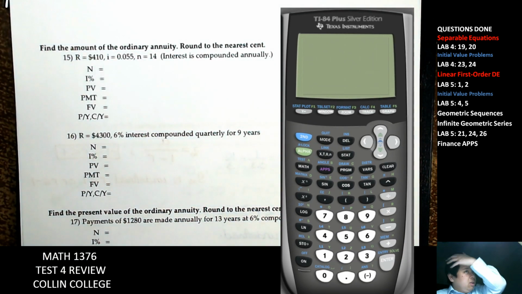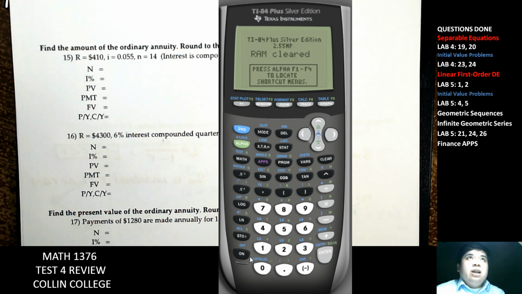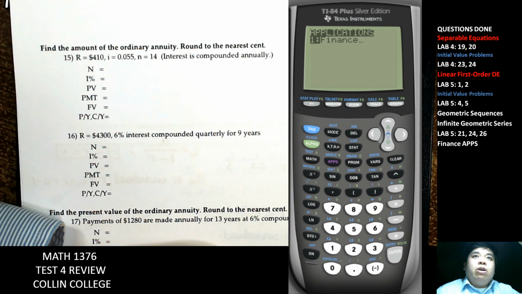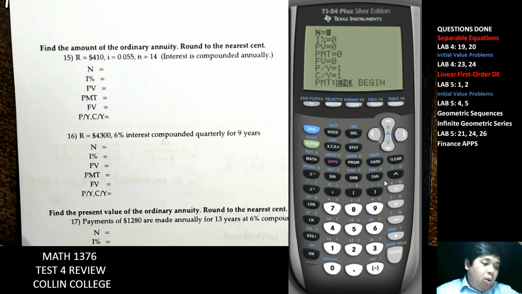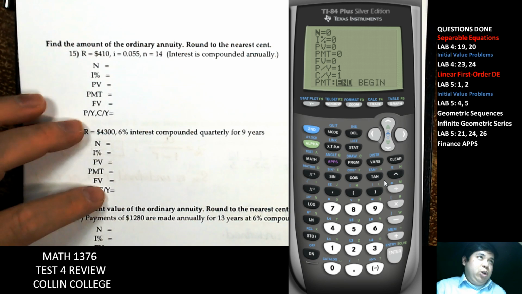On the calculator, when we hit the apps key, that brings in all the apps, and we hit enter. We just use the first one, TVM Solver. Very important: just write all the information on the first one, but then we do the second one.